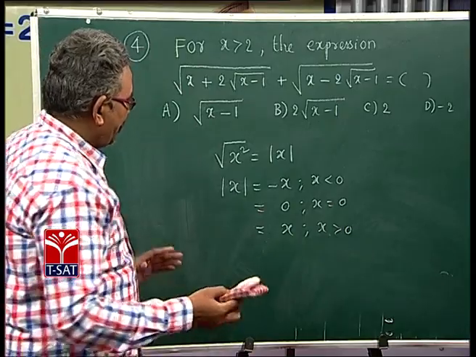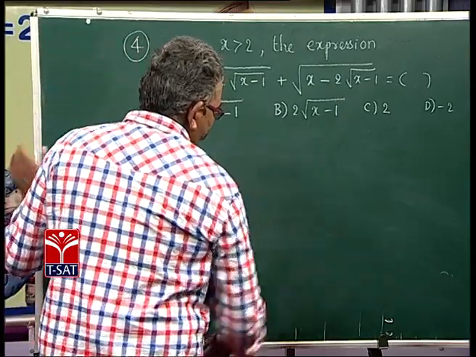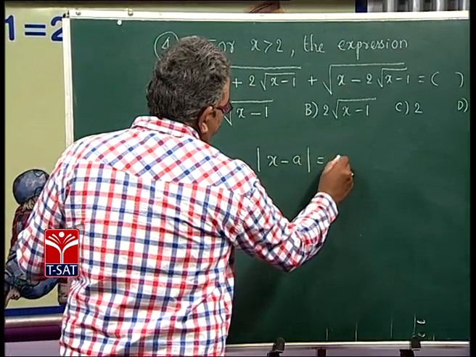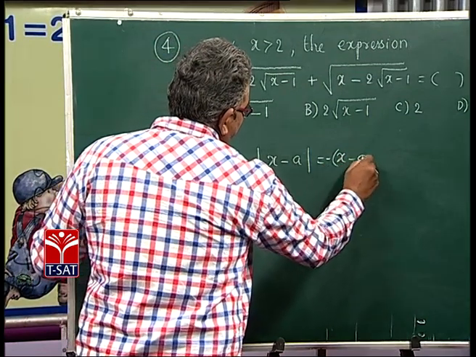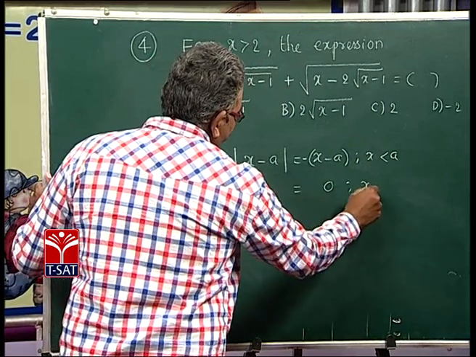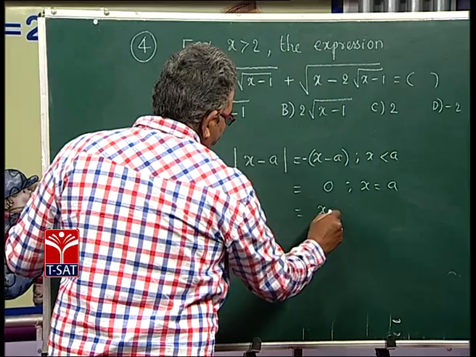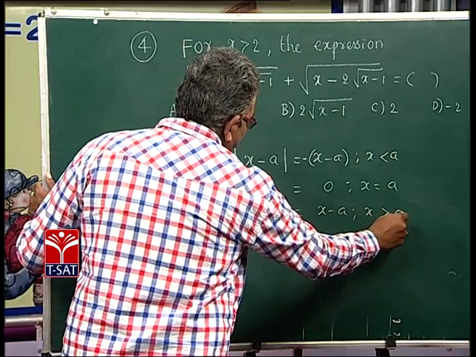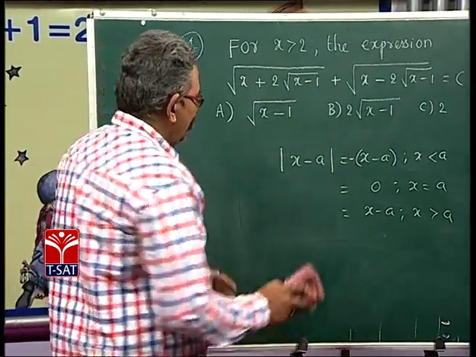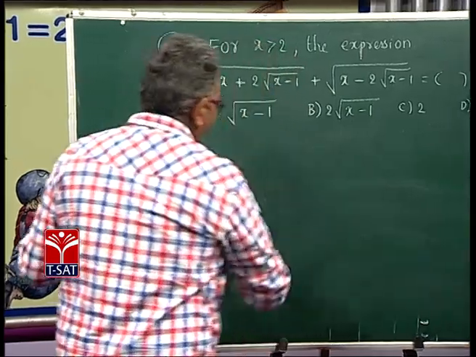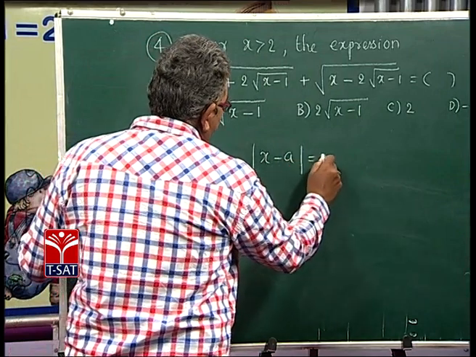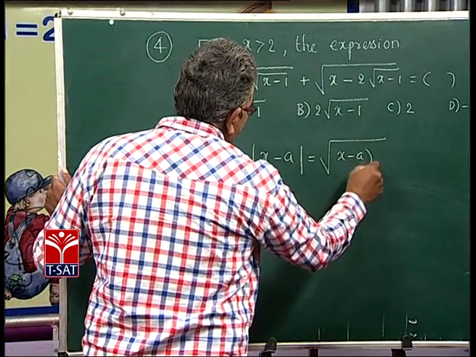So, similarly, here mod of x minus a is equal to minus of x minus a if x less than a, equal to 0 when x is equal to a, equal to x minus a when x greater than a. So, better you remember this concept. Now, the mod of x minus a can also be written as root of x minus a whole square.